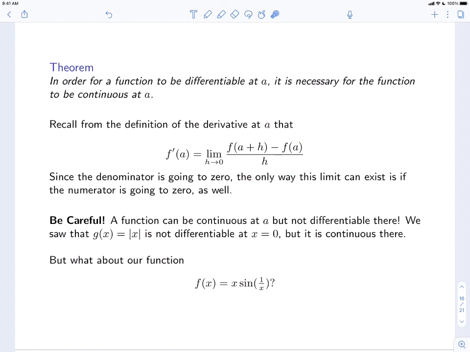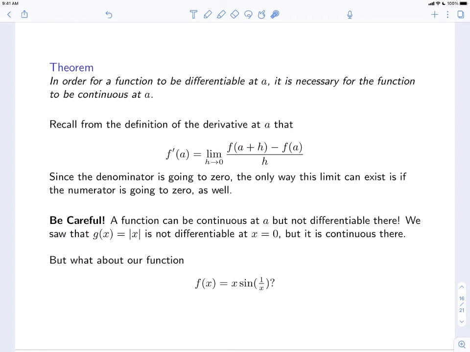And the only way that can happen, since the denominator is going to 0, is if the numerator goes to 0 as well. But if the numerator is going to 0, that means that f at a plus h is going to f at a. And that just means that f is continuous at a. The theorem says that in order for a function to be differentiable, it must be continuous.